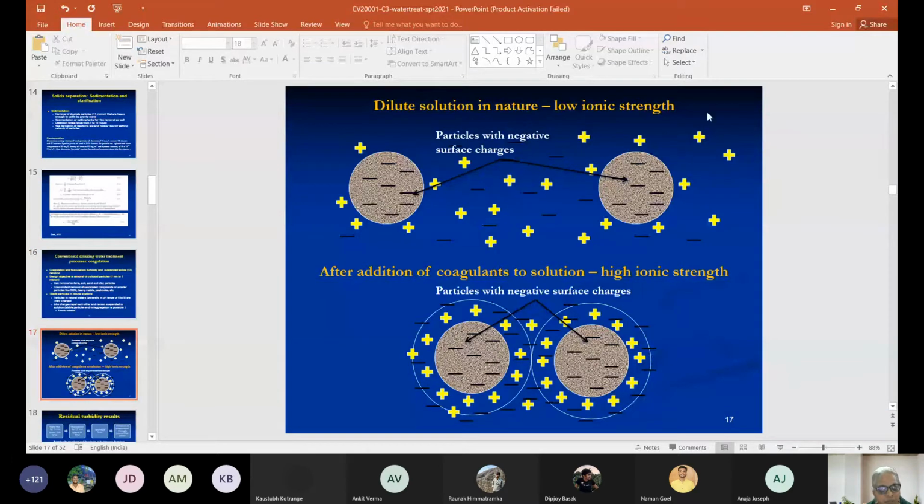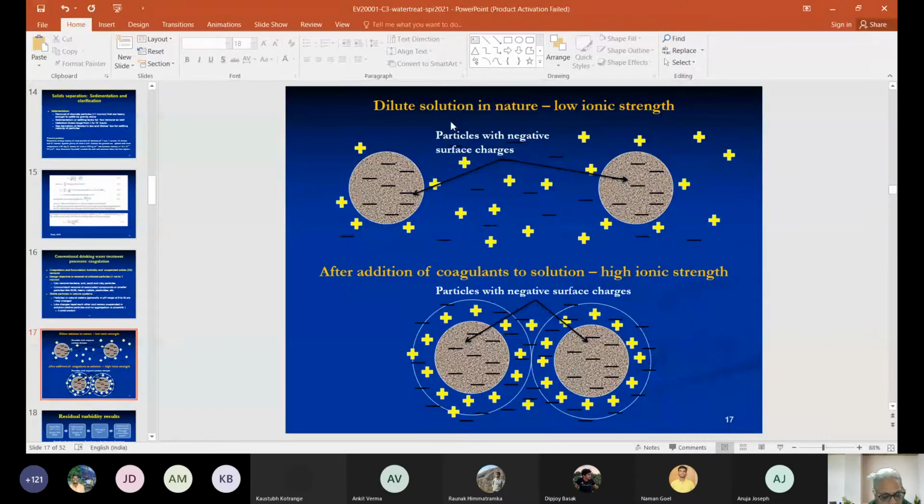dilute solution in nature. This is very common in river waters. You have low ionic strength. They are freshwater systems. We generally go for freshwater for drinking purposes. So these are dilute solutions, or suspensions, I should say. But you have to remember that in drinking water systems, you can call it a solution or a suspension. It doesn't matter, because both are present.